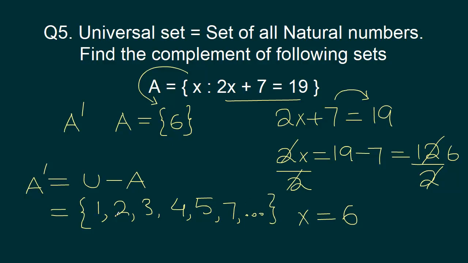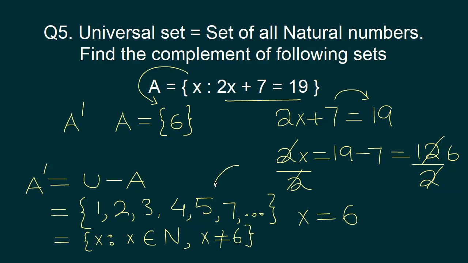So how do we write it? One other way to write it, which will be more succinct or more accurate, is in set builder form. So we can say that it contains element X, where X belongs to natural numbers, and also X is not equal to 6. So we can write A complement in this fashion.